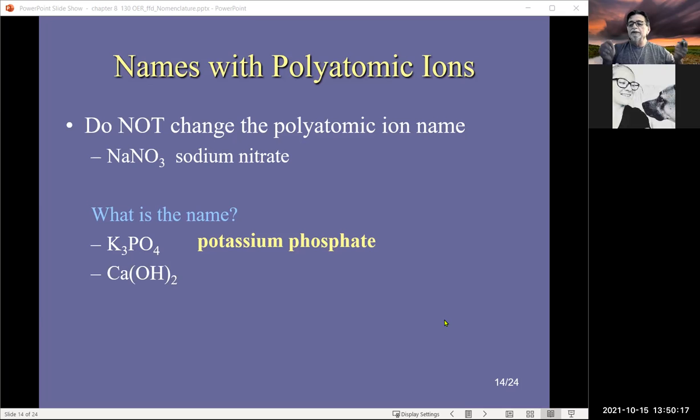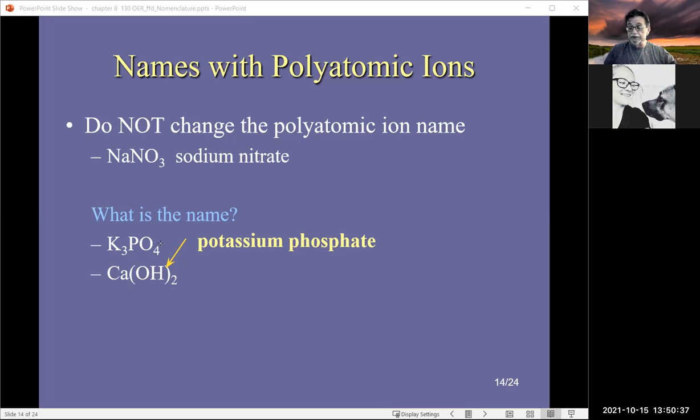All right, the fact that there's a parenthesis should direct you to the polyatomic ion automatically, because the parentheses is used when we need to utilize more than one polyatomic ion, okay?